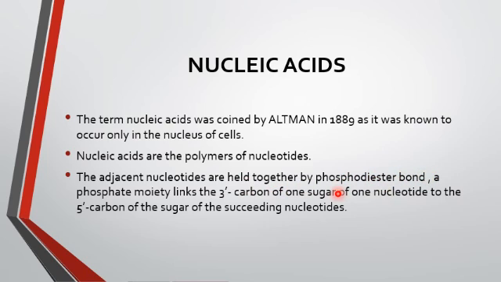A phosphate moiety links the 3' carbon of the sugar of one nucleotide to the 5' carbon of the sugar of the succeeding nucleotide. So the polymerization of nucleotides will form the nucleic acid.